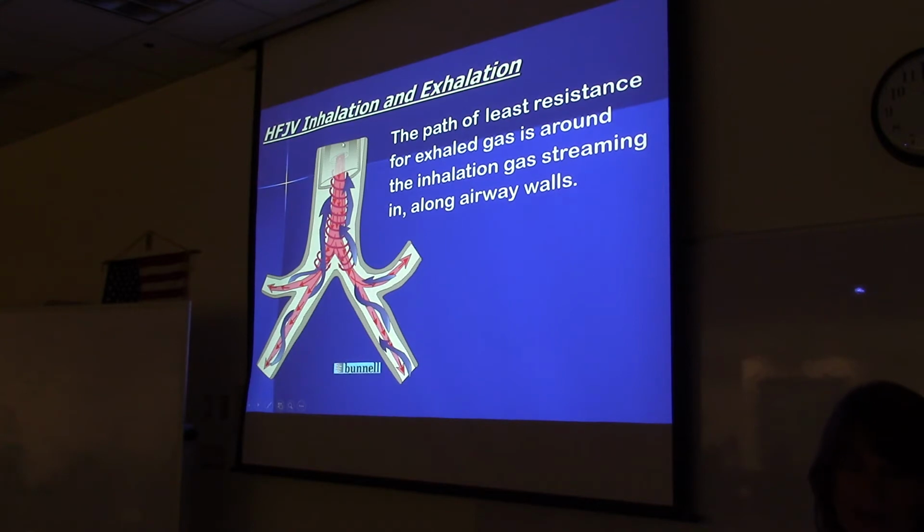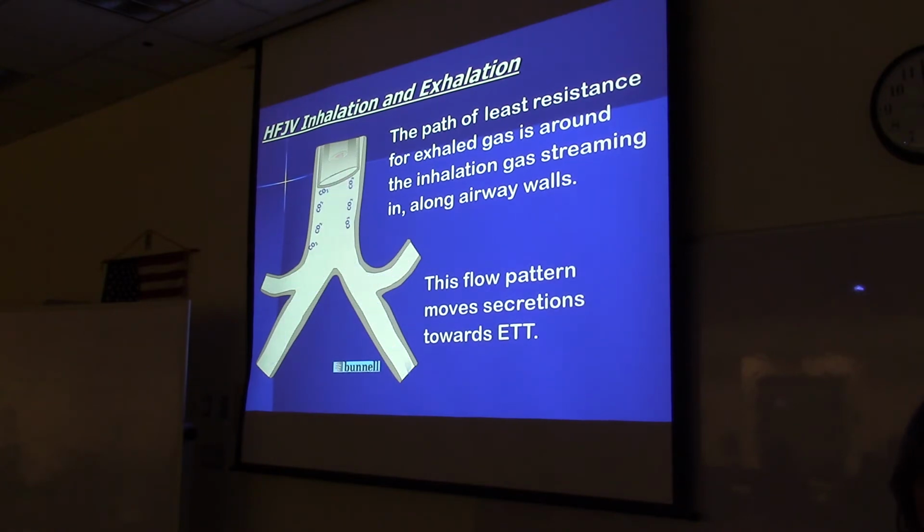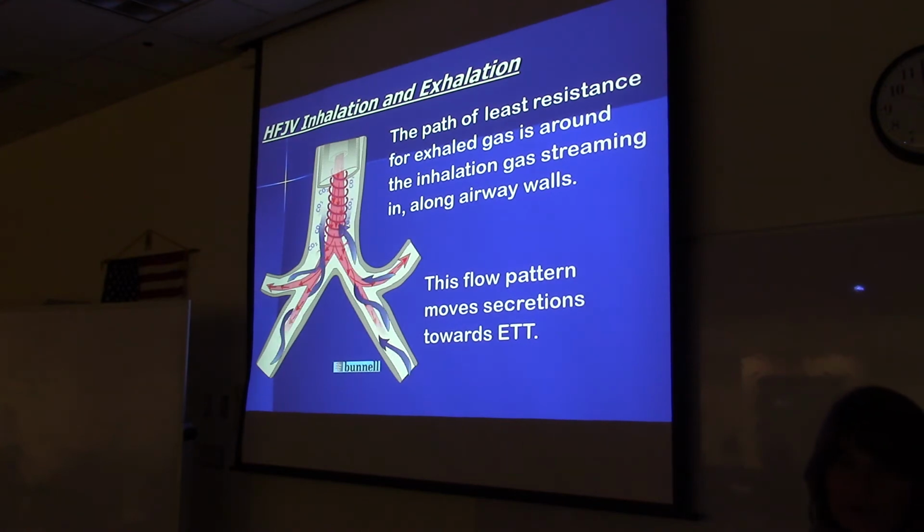So you've got inhalation occurring down the center of the tube, and on the side of the endotube, you've got exhalation occurring at the same time. And it says this helps to move secretions toward the endotracheal tube.